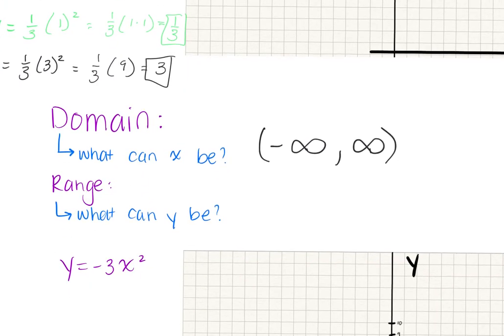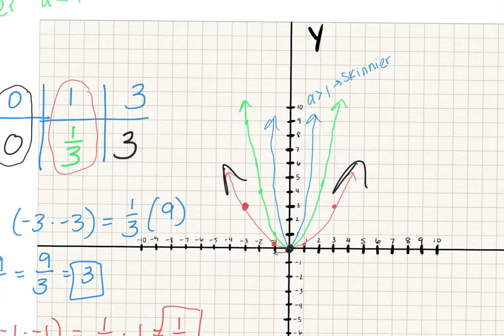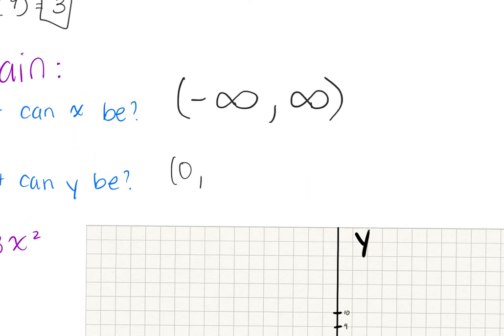So we start our range from 0, okay? Notice how it's not negative infinity, and y can be anything over 0. The arrows are pointing up, so y can be any value above 0. So we say it goes all the way from 0 to infinity, okay?